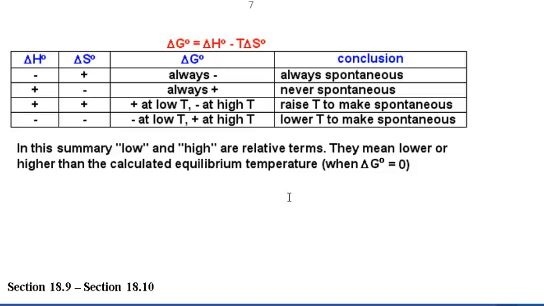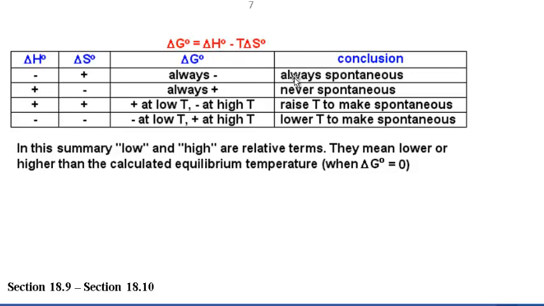Here's the relationship: delta G equals delta H minus T delta S. Now this is at standard state. You can have it also not at standard state. Look at the importance of temperature in this relationship. If your delta H is negative and your delta S is positive, so negative and negative, your delta G is always negative, always spontaneous.